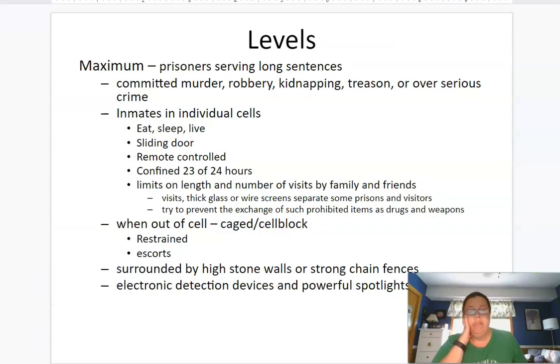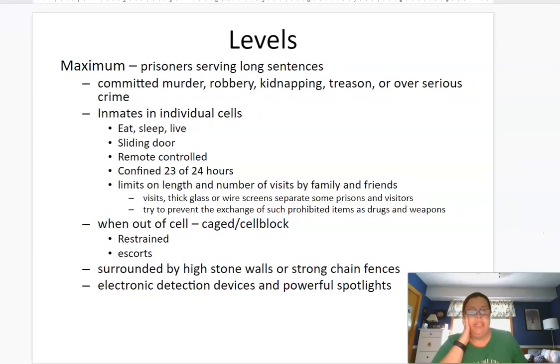So when we look at maximum security, what does that really mean? These are the individuals who have some of the longest sentences because of the nature of their crime.